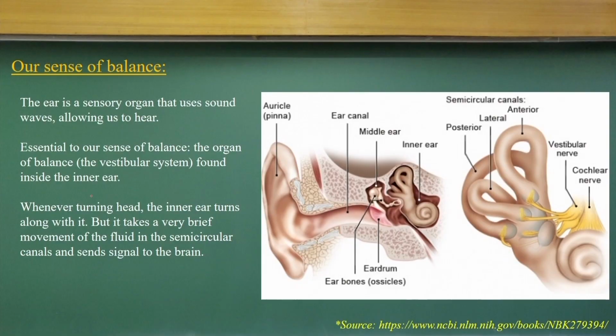But the ear also contains an organ of balance inside, which gives the sense of balance. Like if I tilt my head, I can tell from my brain that I am tilting it. That is the sense of balance.